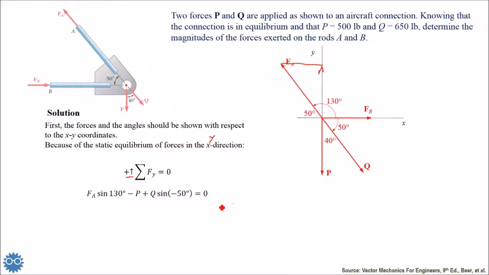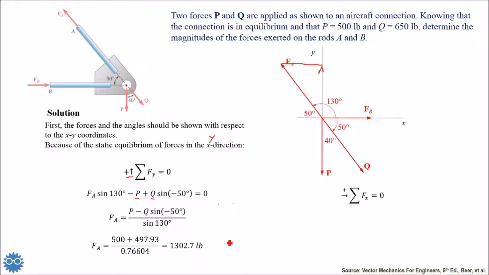Now, here, because P is known and Q is known, we can simply compute the value of FA, which will be equal to 1302.7 pounds. Then we can compute the equilibrium equation of Fx.